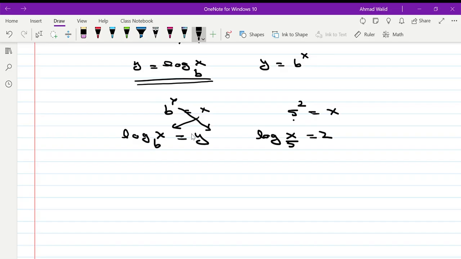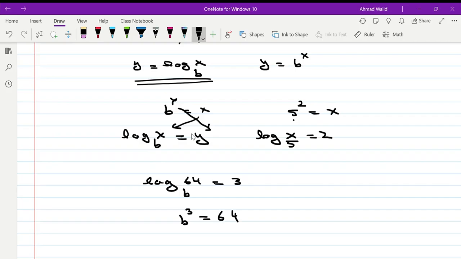Equals 2. Or the other way, they can give you a logarithmic form and ask you to write it in exponential notation, correct? For example, if I give you log 64 base b equal 3, and I ask you to write this one in exponential notation, then bring down, b comes down, cross, 3 comes here, equals, cut, 64 goes here.